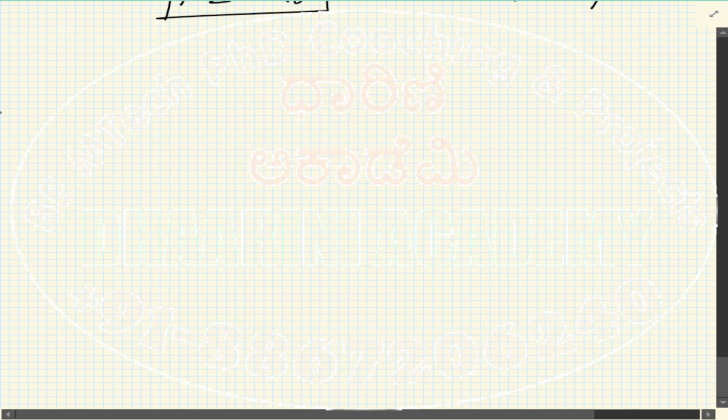The third one is the damper. The difference here is that it's a rotational damper.